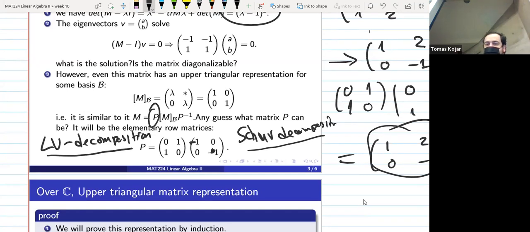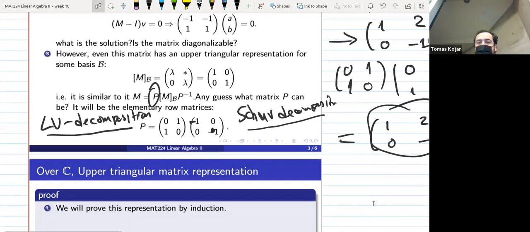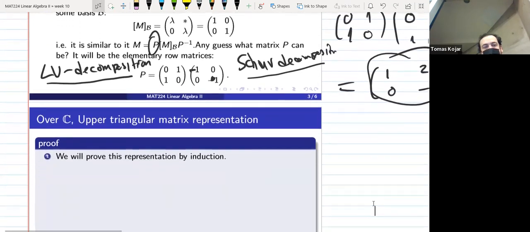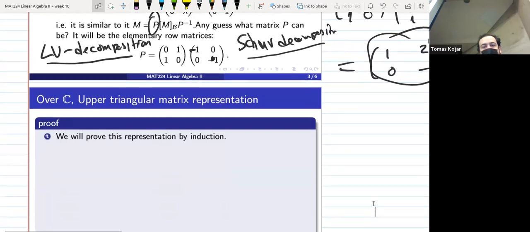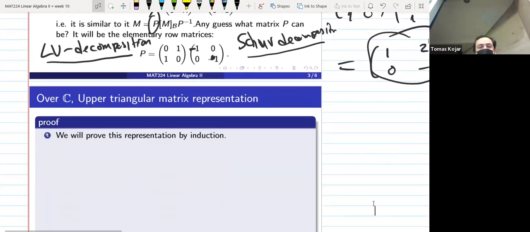There are so many algorithms out there because that's really what people care about. So we're going to prove that any matrix can be written in upper triangular form if you allow me to use complex numbers for the P matrices. Okay, so let's do that.